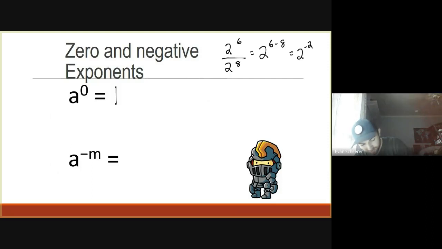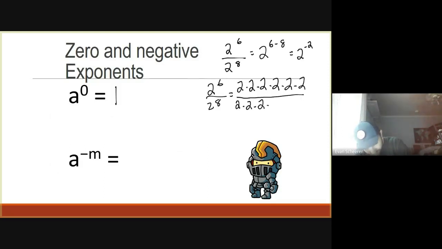But remember, 2 to the 6th over 2 to the 8th is just 2 times 2 times 2 times 2 times 2 times 2, that's 6, over 2 times 2 times 2 times 2 times 2 times 2 times 2 times 2. That's 8. So now, what happens to all the 2's? Cancel, cancel, cancel, cancel, cancel, cancel. But look, there's not enough, right? So that equals 1 over 2 squared.